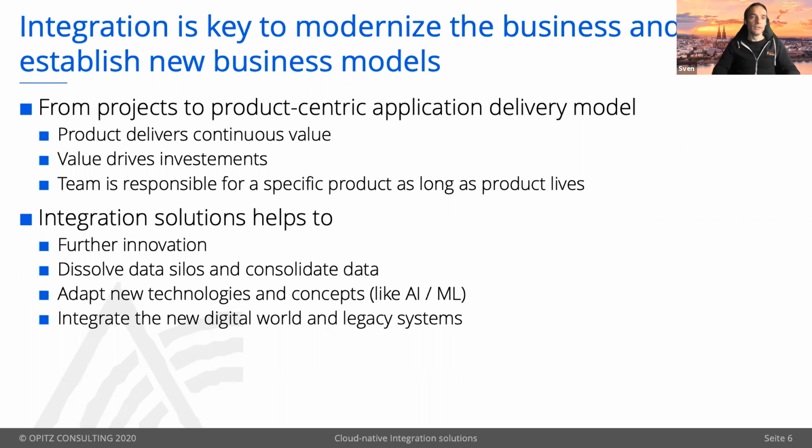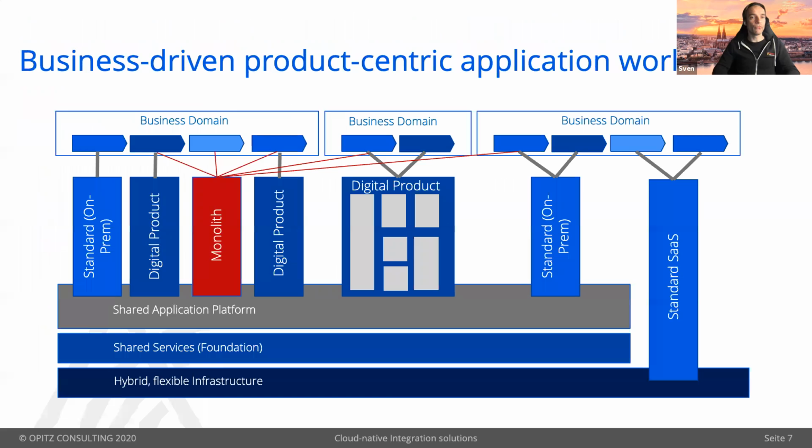And this means that we move from a more project-driven world over to a product-driven application world. So we wanted to get rid of those monolithic applications that support different business functions within a certain business domain, because if you have that, we see this red friend which has interdependencies to different business functions and to different business domains.